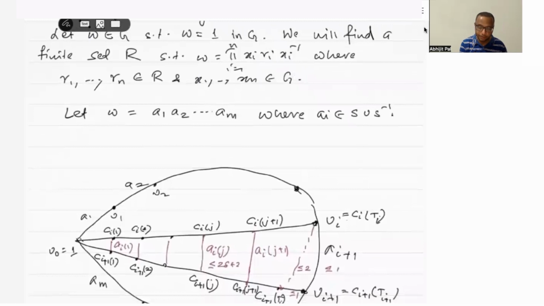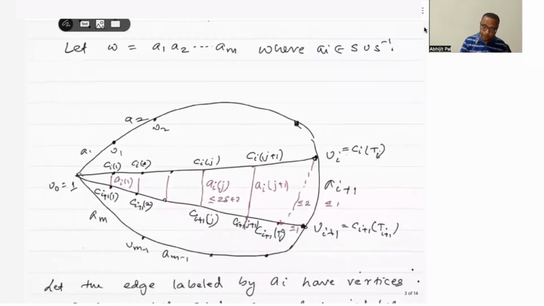Now let us take W to be equal to A1 A2 ... Am, where each Ai either belongs to S or Ai inverse belongs to S. That is the meaning of this. So W is A1 A2 ... Am, where each Ai belongs to S union S inverse.